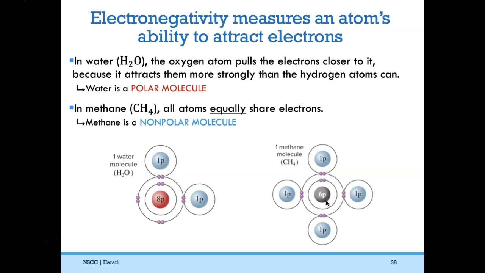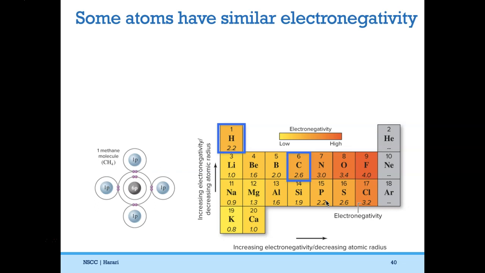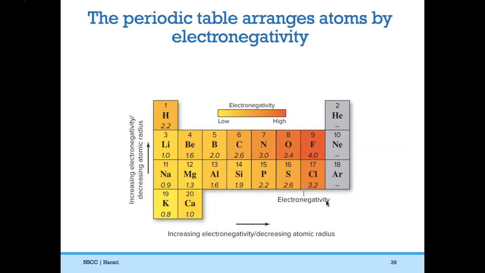This is very important to understand. Polar molecules have unequal sharing of electrons. Non-polar molecules have equal sharing of electrons. And like I mentioned, the periodic table arranges atoms by electronegativity. You can see as we go from left to right, we increase in electronegativity.